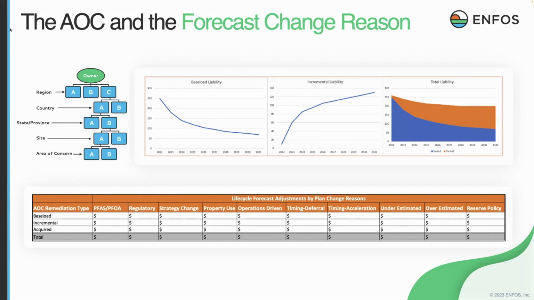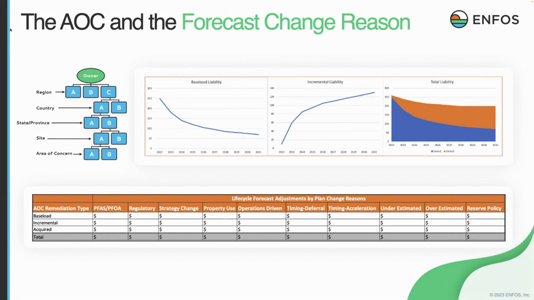Going down to the bottom, another important factor in spend management and spend analysis is pulling it all together. So I get new AOCs through time. That's my first column. I have base load areas and I have incremental areas. And if you're doing mergers and acquisitions, you might have acquired liabilities. You're tracking those as counts and in terms of dollars.